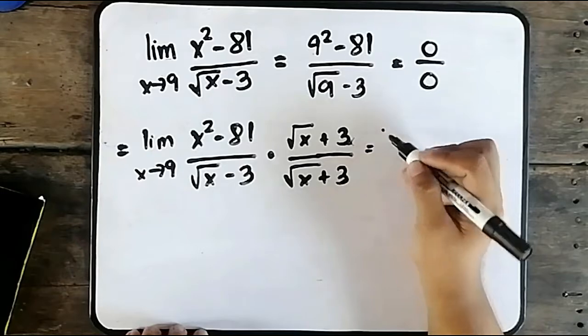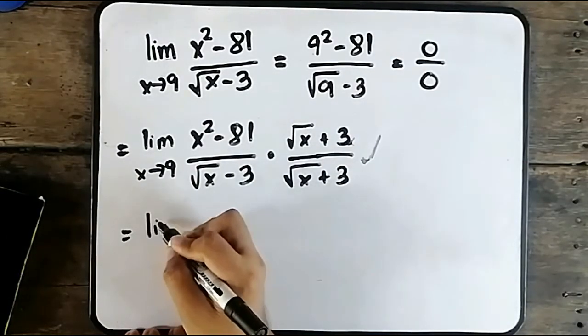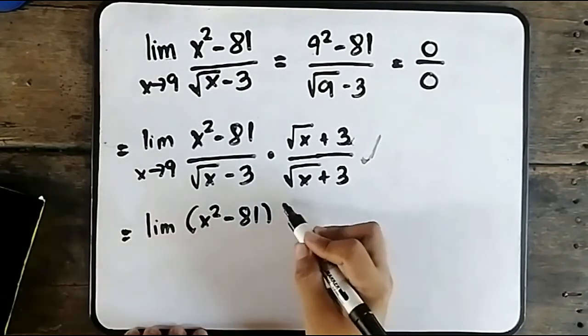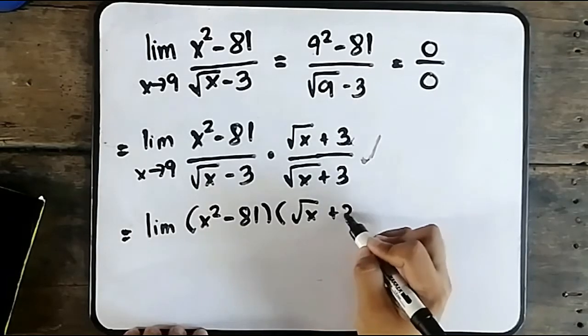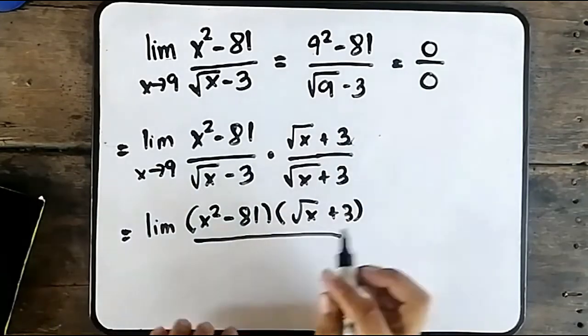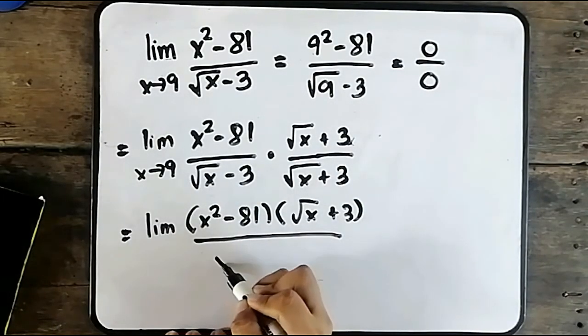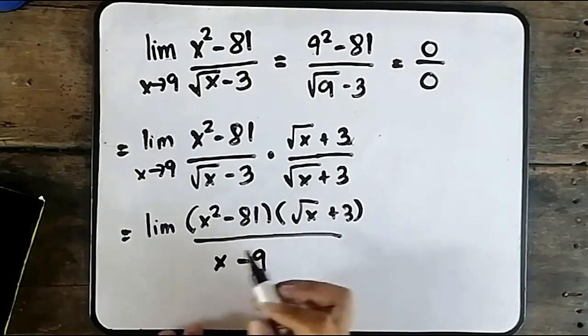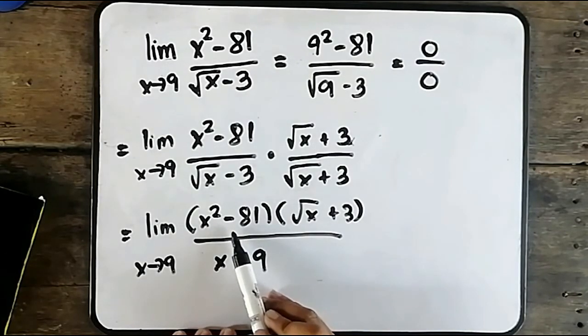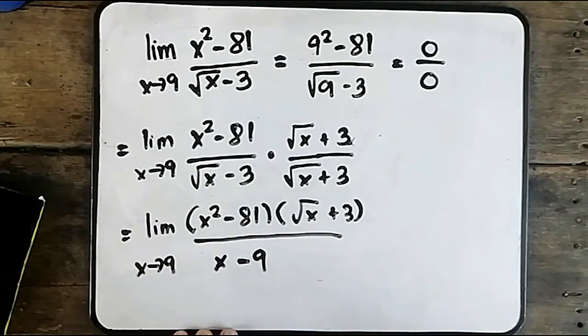So that is now equal to limit of x squared minus 81 times square root of x plus 3 all over, so using yung a minus b times a plus b, we have now a squared is x minus 9 as x approaches 9. Observe that yung taas natin, pwede natin siyang i-factor into x plus 9, x minus 9.